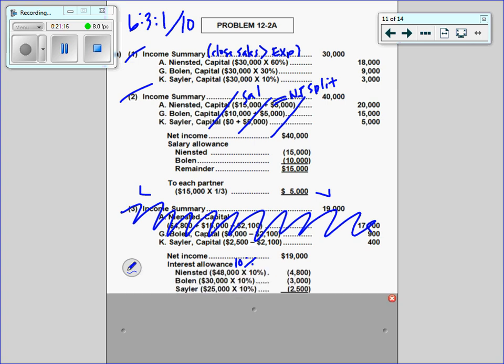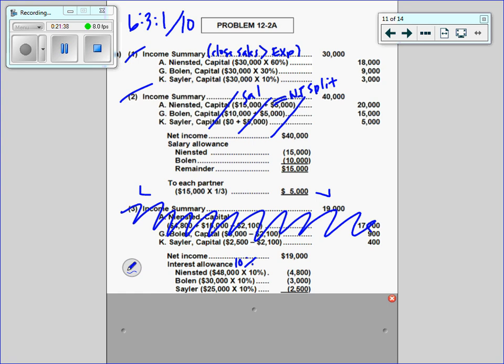And there's our three partners. Where am I getting the 48, the 30, and the 25? Their beginning capital balances up top. So 10% of 48,000 is of course 4,800, 3,000, and 2,500.